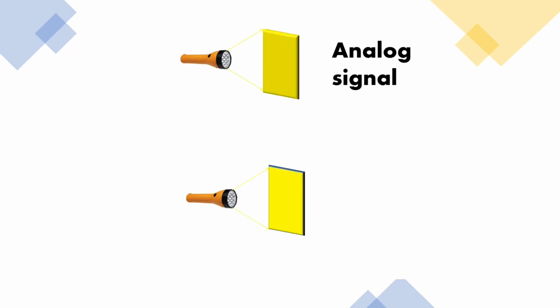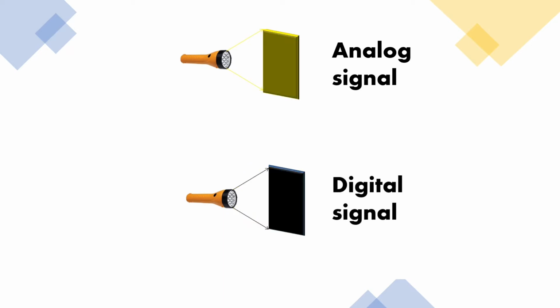And the second one is a digital signal, in which there is no blinking of light. Signal comes, stays, and then goes. So this is a very clear difference between analog and digital signals.